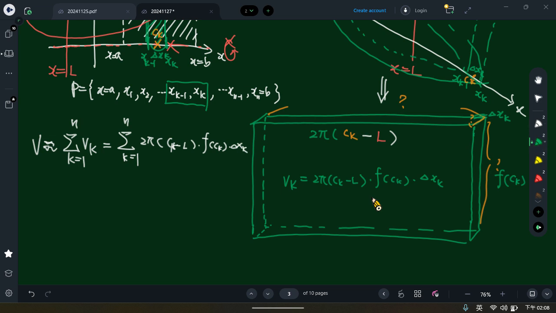Again, as the norm of P approaches 0, that means n approaches positive infinity, so V is equal to the limit, as n approaches positive infinity, or the norm of P approaches 0, of this summation.